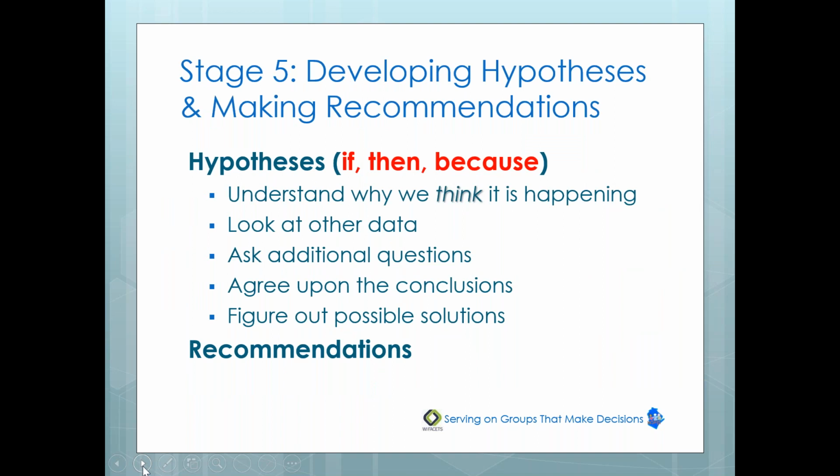So now that you've analyzed the data, it's time to develop a hypothesis and use what you've learned. So data may tell you what's happening, but it doesn't always say why it's happening. So the more you analyze and understand the data, the better your conclusions and solutions are likely to be. So in this stage, you're going to try to figure out the why.